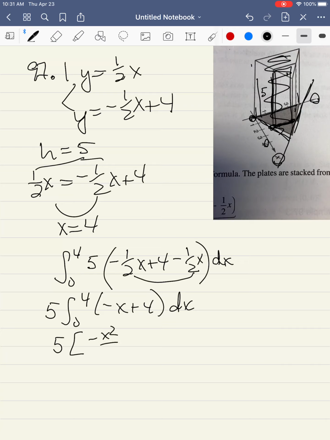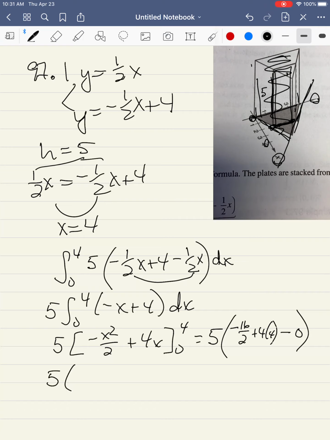So 5 times minus x squared over 2 plus 4x, evaluated from 0 to 4, which is 5 times minus 16 over 2 plus 4 times 4, and minus, plug in 0, you're just going to get 0. So that's 5 times minus 8 plus 16. So that would be 5 times 8, which is 40.